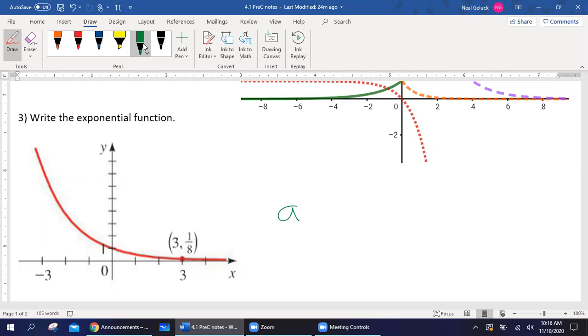Because I know it's a to the x and I'm given an x here, 3, equals your y, 1/8. So I've got to ask myself, okay, what to the third power is 1/8? Well, that would be a half. So that tells me that my base on this is a half.